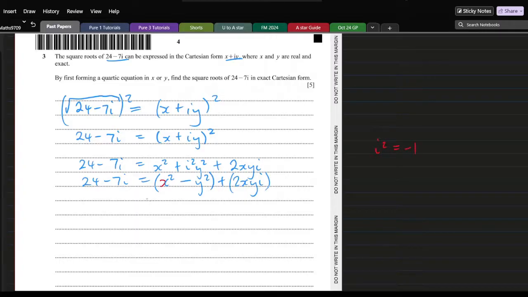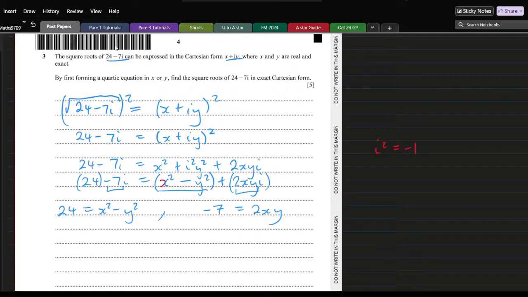So we can compare both sides: on the left hand side our real part is 24, so 24 must match the real part on the right hand side, which is x squared minus y squared. Then our imaginary part on the left hand side, -7, should match the imaginary part on the right hand side, 2xy. We can omit the i's because they would eventually cancel out.